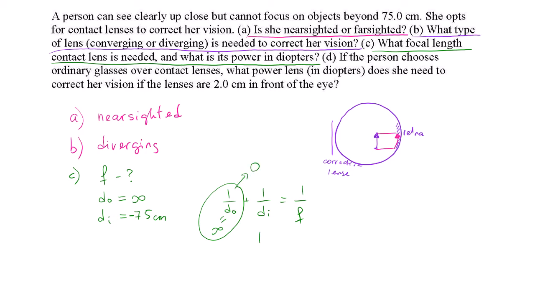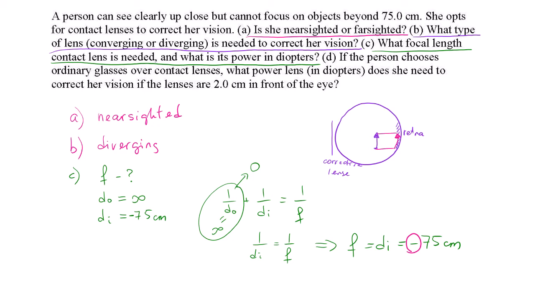So we end up having 1 over DI equals 1 over f. So the focal length equals DI, and it equals negative 75 centimeters. Note that we got the value of focal length to be negative, which in turn proves that this is a diverging lens.